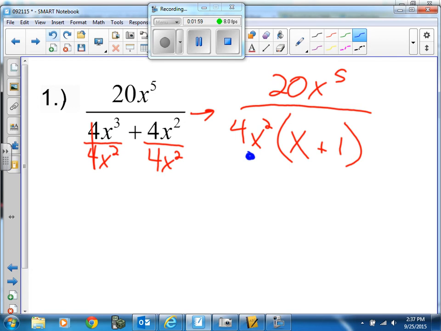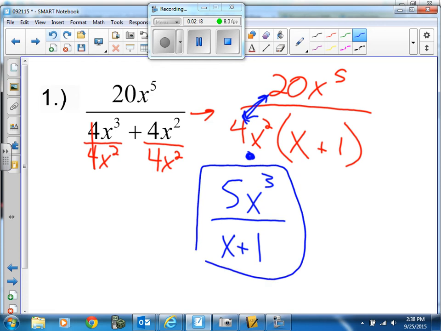So I can simplify this 20 and this 4. That's just going to give me 5. And now x to the fifth divided by x squared gives me x to the third. And that's all over x plus 1. So I'll go ahead and say that that is simplified.